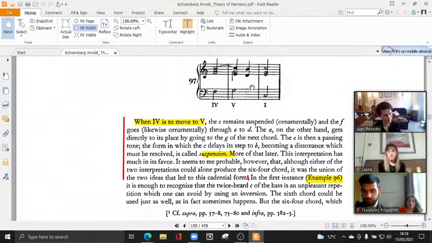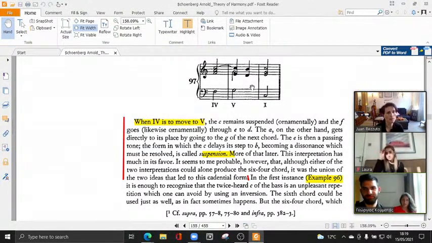don't you think that this can be related to something else that we saw? Yes, the fourth species of counterpoint. So actually this comes from counterpoint.